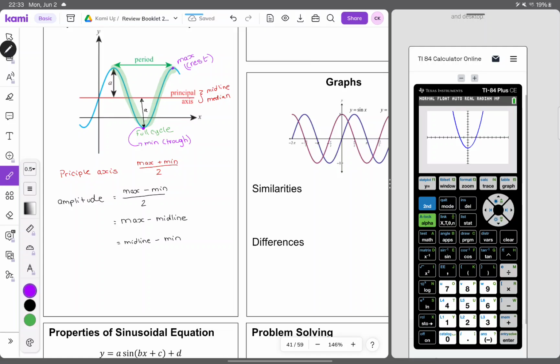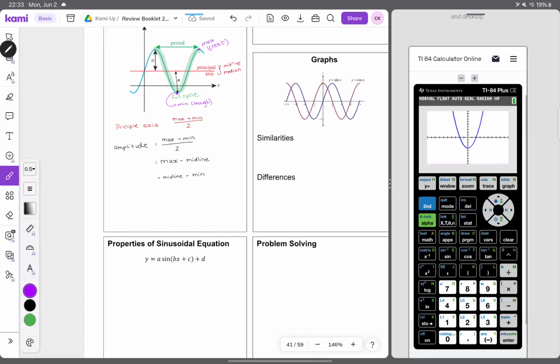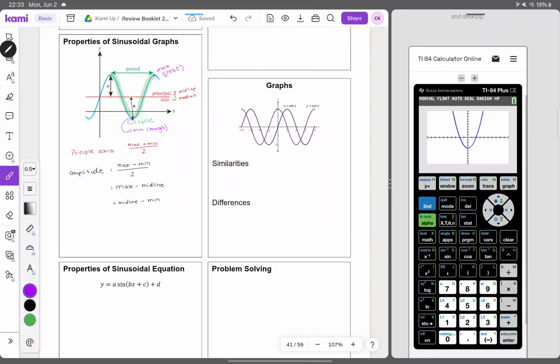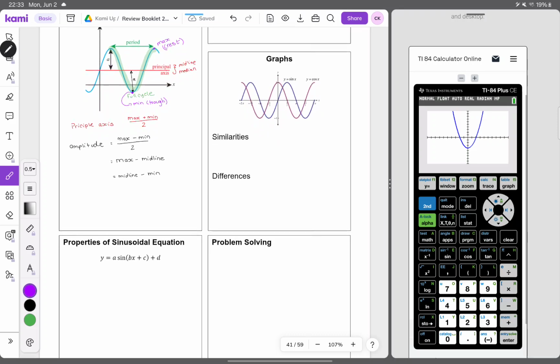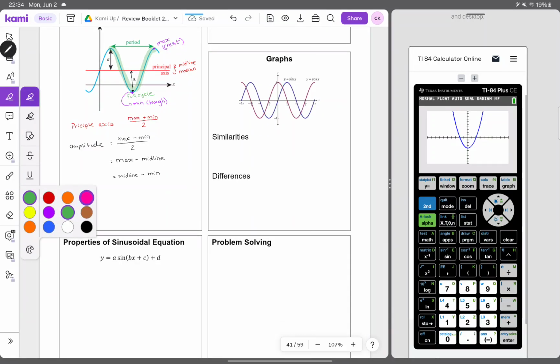So we have to be able to find all of these things on a graph because it's going to tell us a lot about our equation. If we look at our equation and relate our graph to our equation, we can see that there's a similar letter here. I have the letter A here and the letter A here.